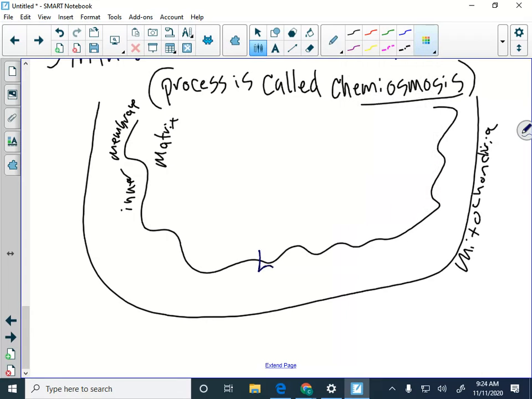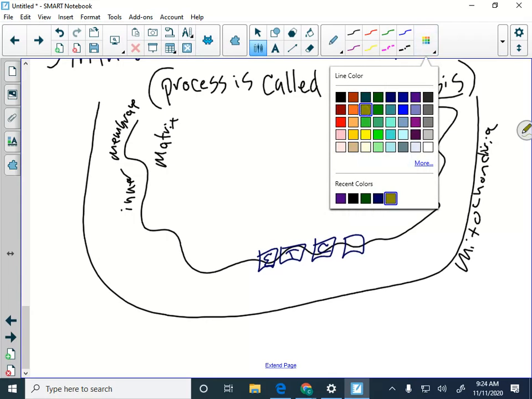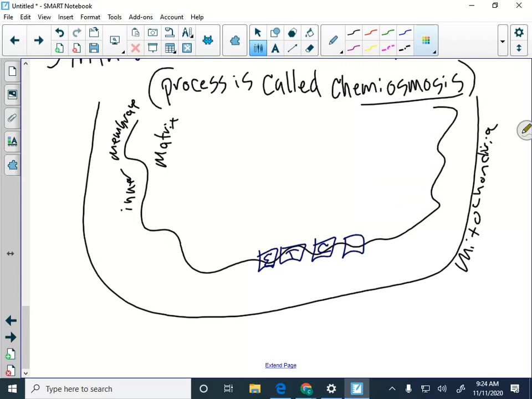We have our electron transport chain, ETC. Our NADH and FADH2 from glycolysis and the Krebs cycle.